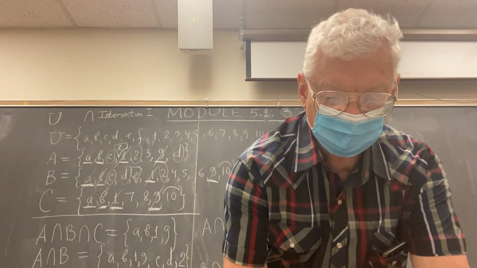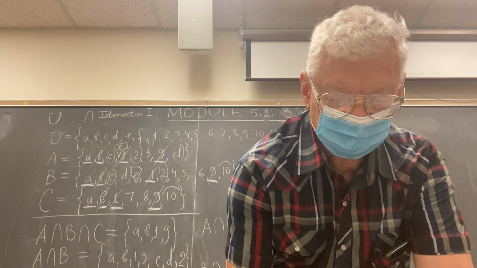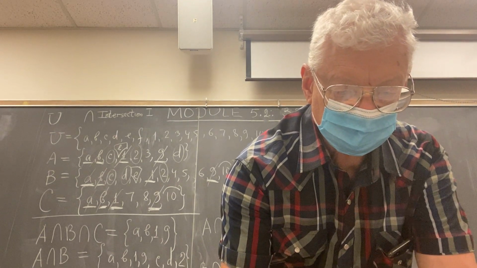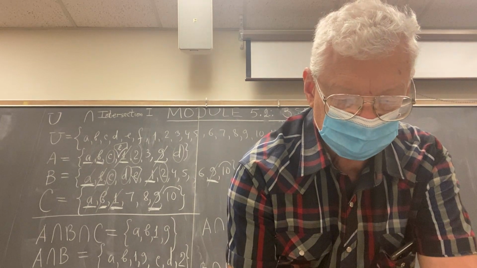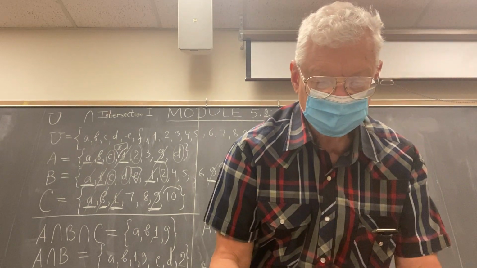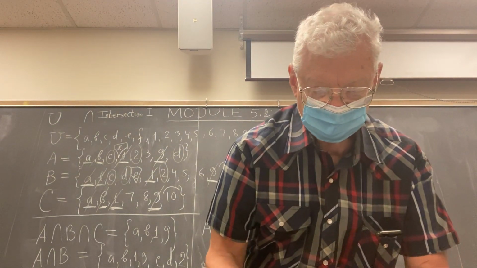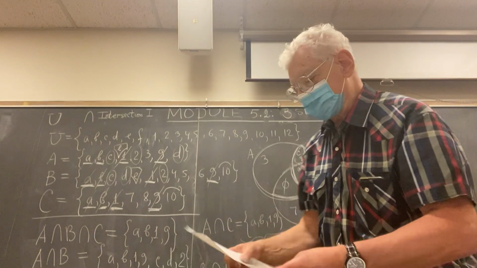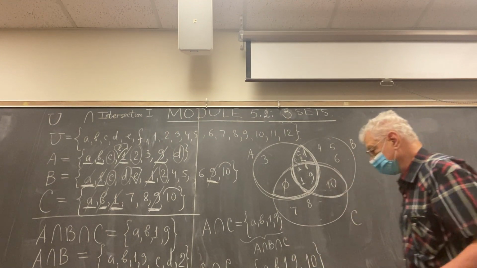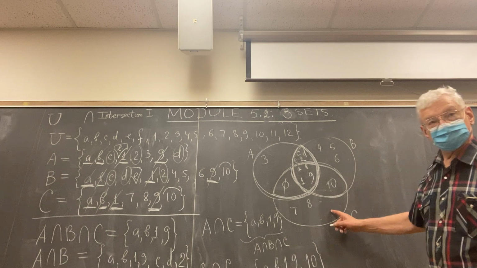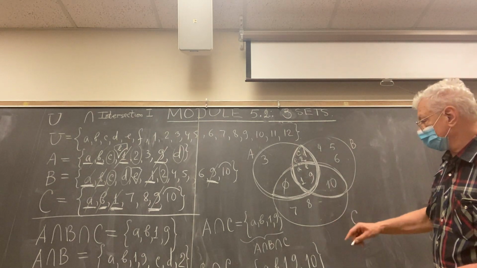So F is not here, but F is in there and E is not here. So F should be added to the other part. Okay, are you with me? Yes.